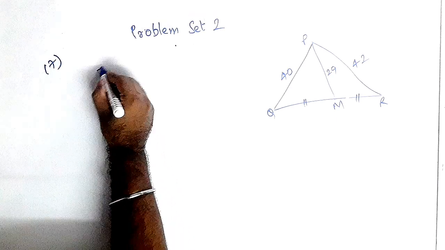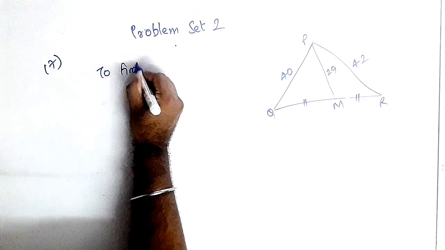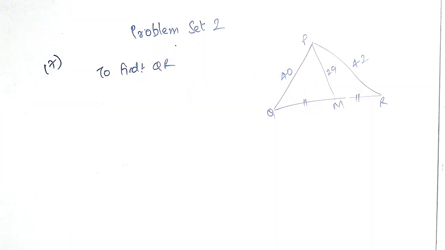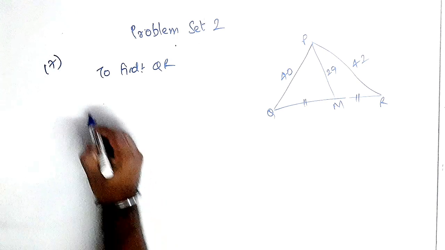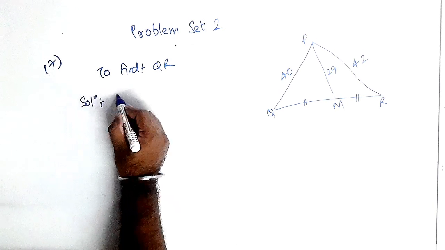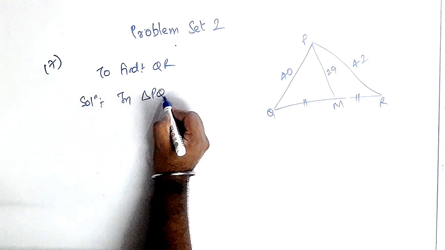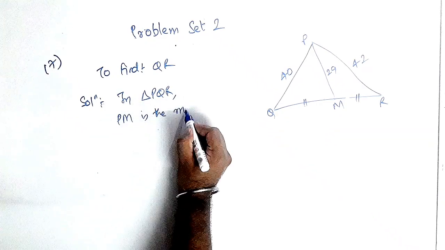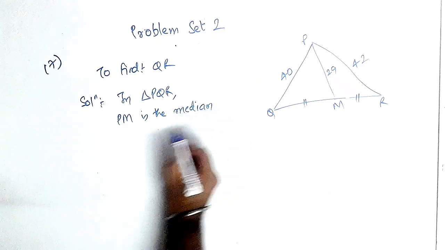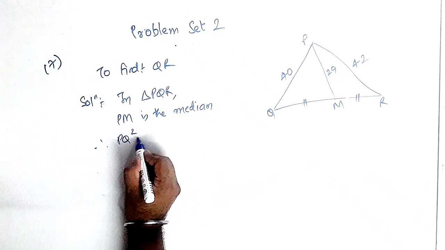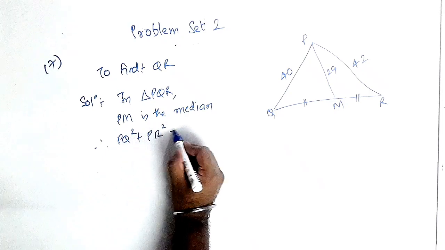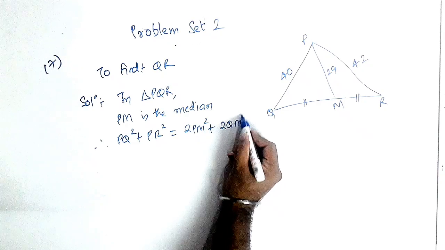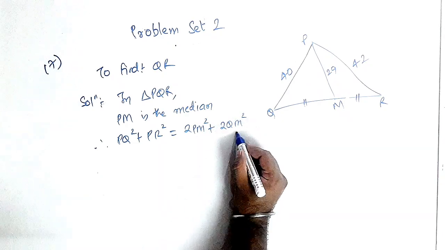17th one very easy, we have to find qr by Apollonius theorem. Okay, these things are given, pq, pr and pm. So we will straight away apply this in triangle pqr. pm is the median, therefore pq square plus pr square is equal to 2pm square plus 2qm square.